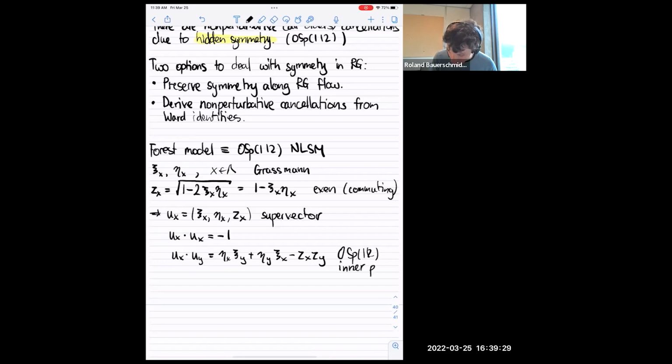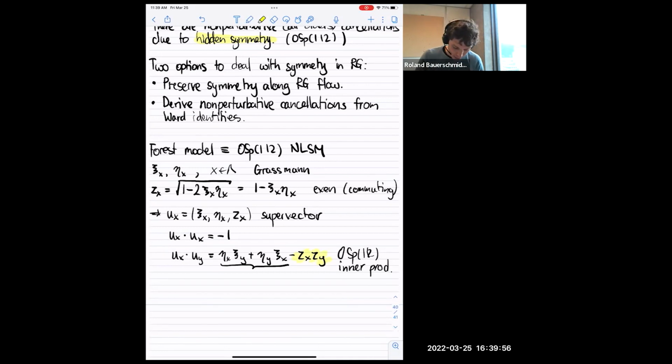So you should really think of it as an analog of the Euclidean inner product. It's some kind of a natural analog in the sense that for fermions, the analog of a Euclidean inner product is what I wrote here, which is the symplectic one. And so that would be SP2, and it's called OSP12 because there's also the even variables z here.